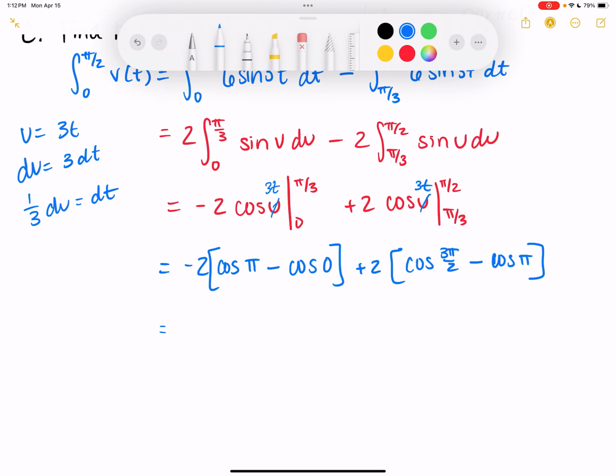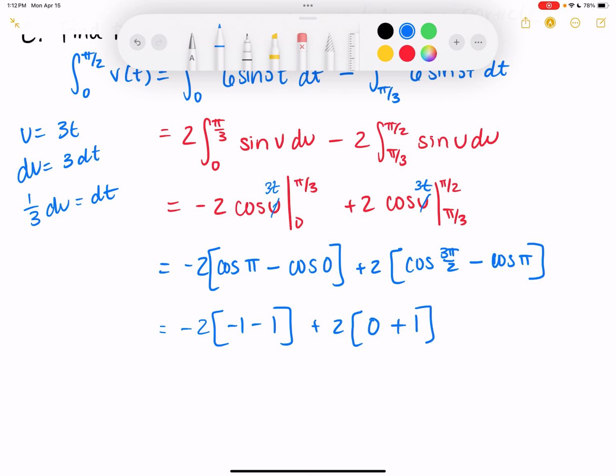So negative 2 times, what's the cosine of pi? Negative 1. Cosine of 0. So negative 1 minus 1. Plus 2 times cosine of 3 pi over 2. Zero minus cosine of pi, so that's going to end up being plus 1.